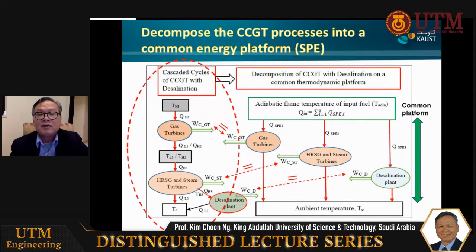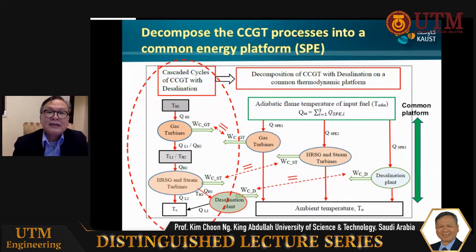We call this standard because this is the highest temperature difference one could have in a CCGT that burns a particular fuel. And all the energy is then rejected to the ambient. And the same can be said for the steam turbine. And again, we keep the characteristic work from the steam turbine to be the same. And similarly for the desalination plant.